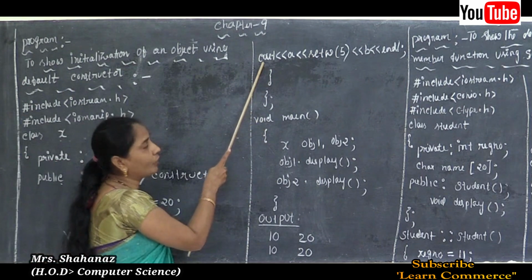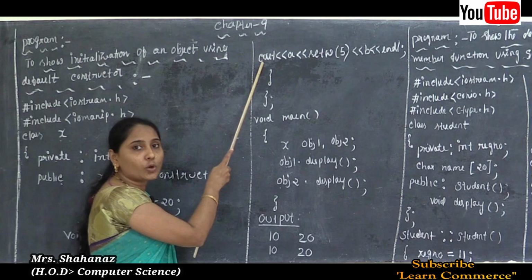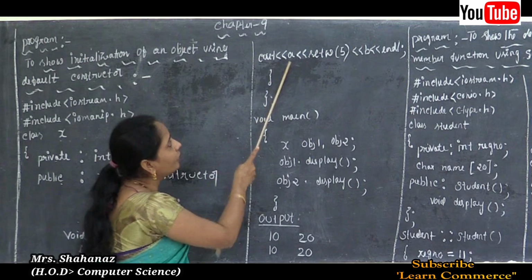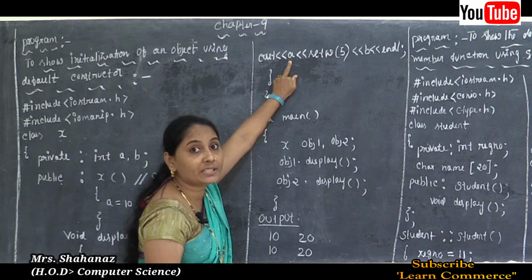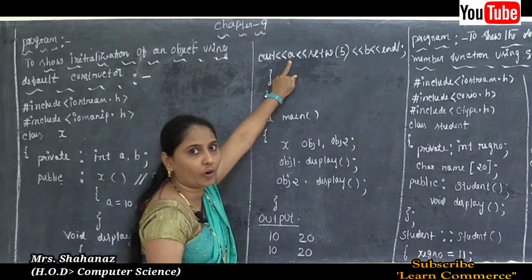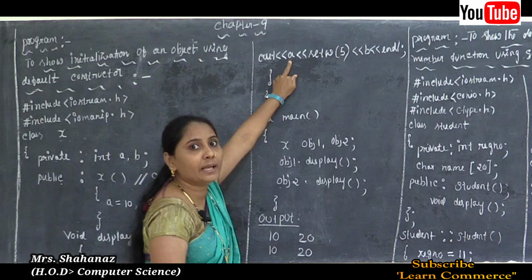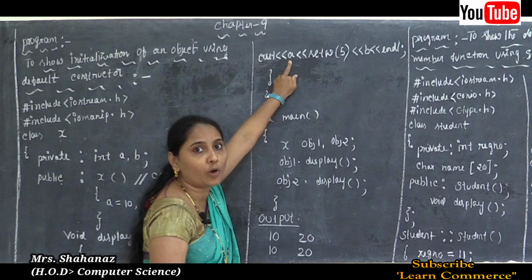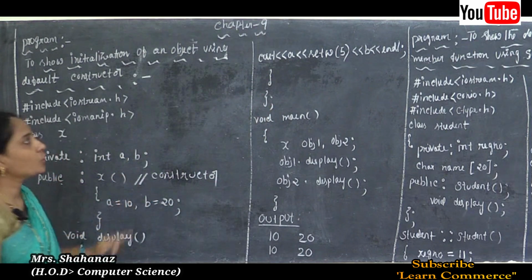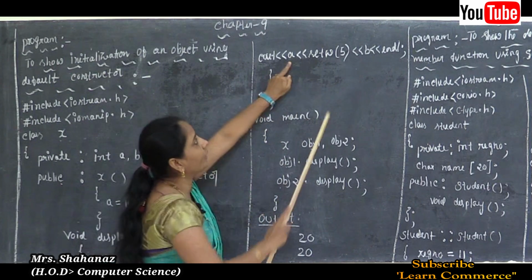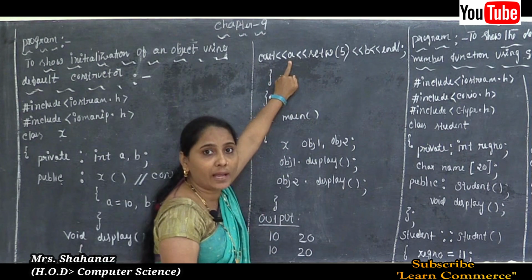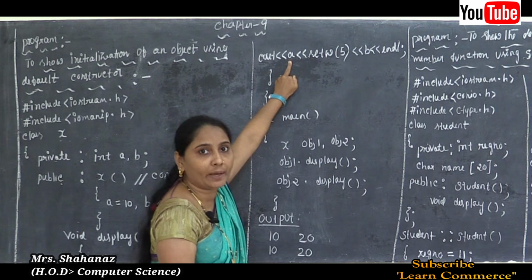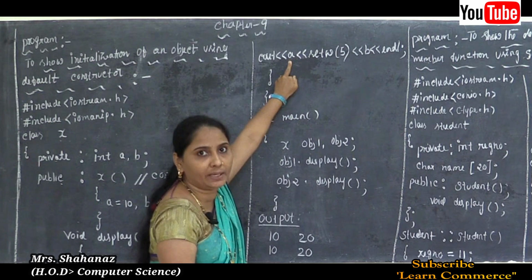So we use cout, the console output. If you use double quotation, it displays a message. If you are not using double quotation, it displays the value of the variable a. Here there is no double quotation, so it displays the value we provided to the class variable a.